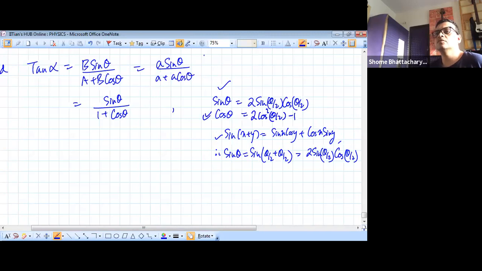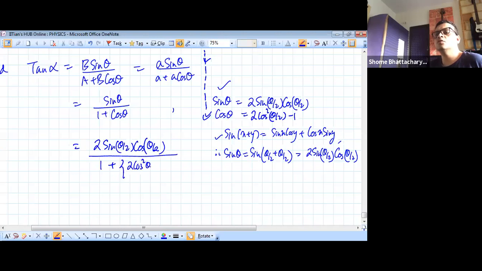This we had seen above. We had seen this. So substitute these. So this becomes 2 sin theta by 2 cos theta by 2. It becomes 1 plus 2 cos square theta by 2 minus 1.